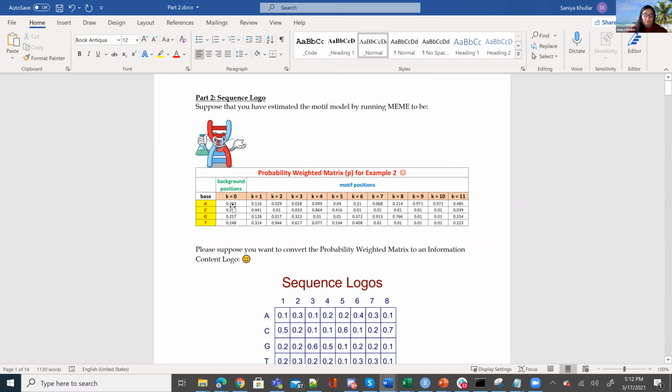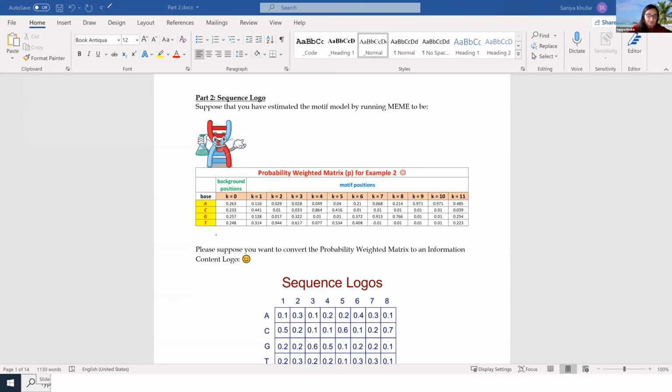These are all percentages, so what you do know is that these should add up to being 1. If you add these up, you should also get 1. All of these sum up to 1.